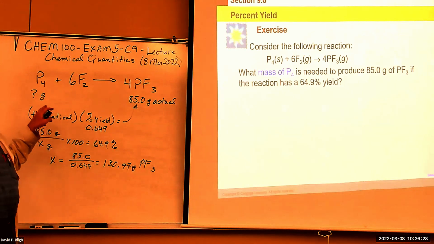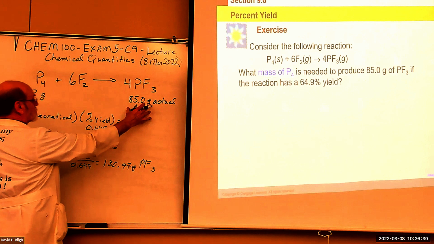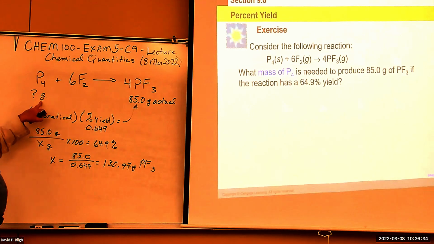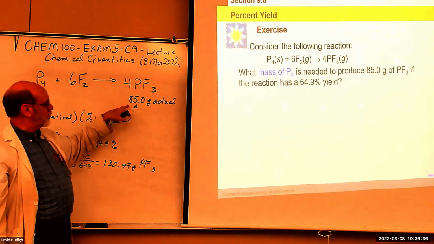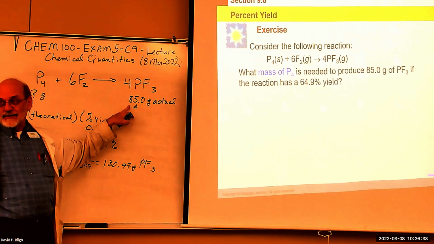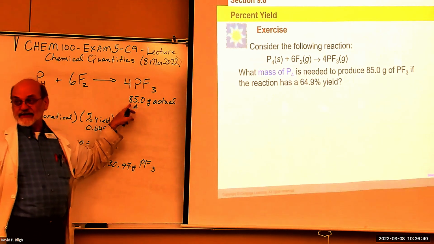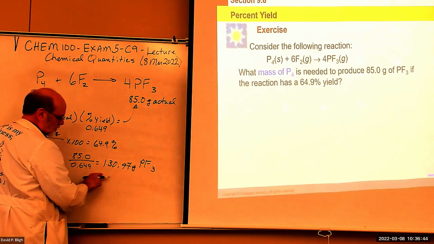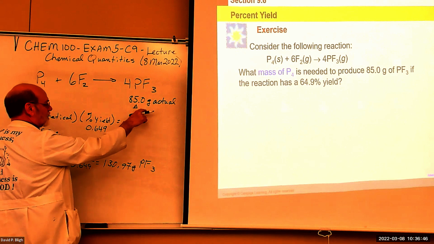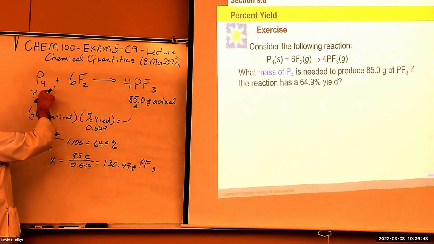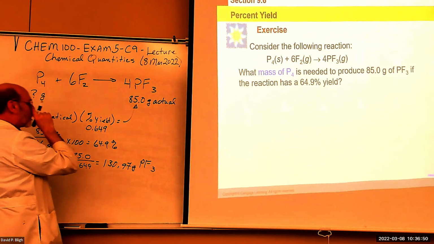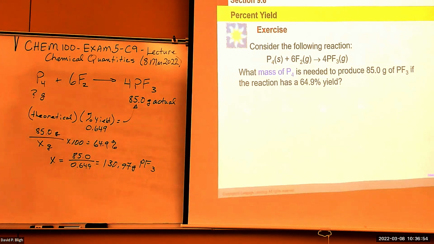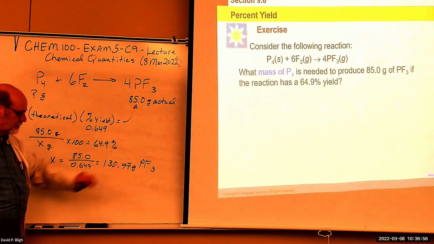If we did it from here, moles, grams here, then when you actually did the reaction, you'd end up with 0.649 times that value, and less than you predicted. So to have this theoretical amount, go back here and say, how much of that do you need in order to guarantee 85 grams actually? So that's why we need this value.